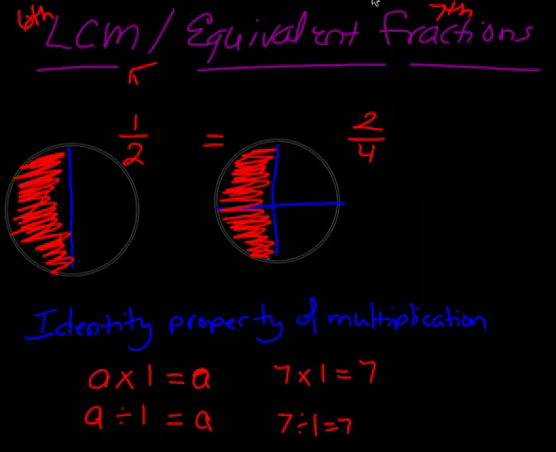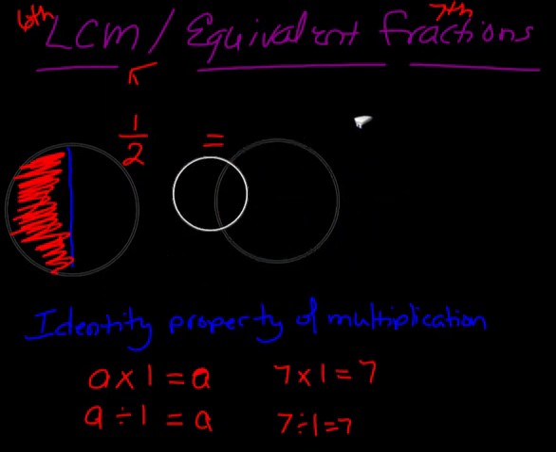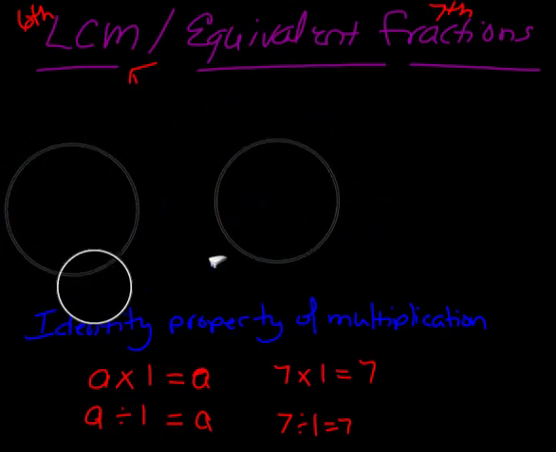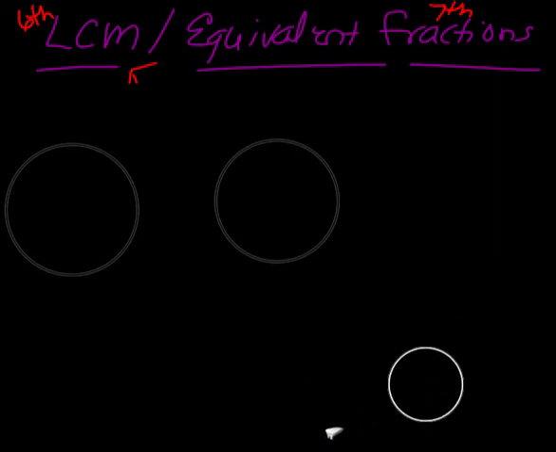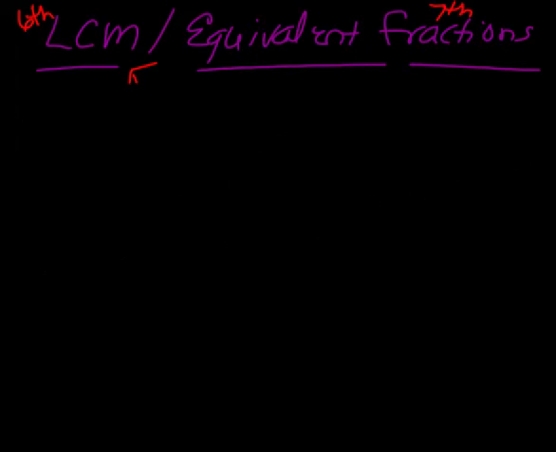Now let's get into some problems. Let's go ahead and erase that. Let's start working these out, because really and truly the way to understand is by working them out. Let's say that we have this fraction right here, 3/5.